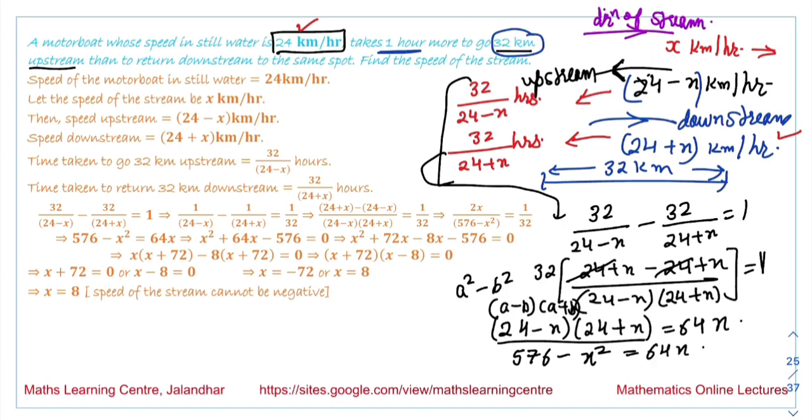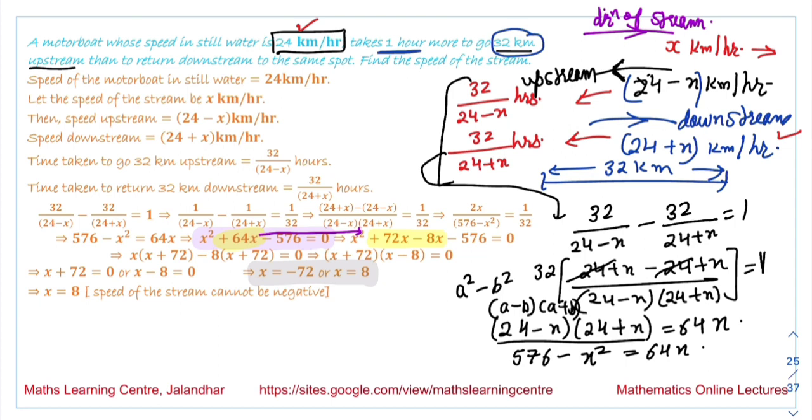So the equation we have is x square plus 64x minus 576 is equal to 0. On splitting the middle term, we can write 64x in the form 72x minus 8x, and on solving we get x is equal to minus 72 or x is equal to 8.